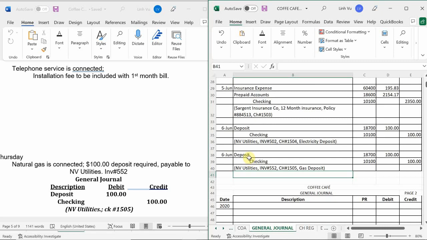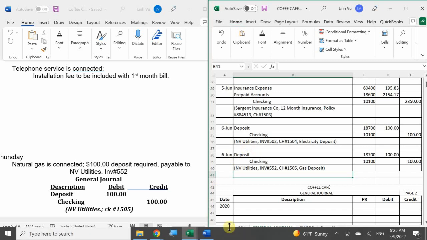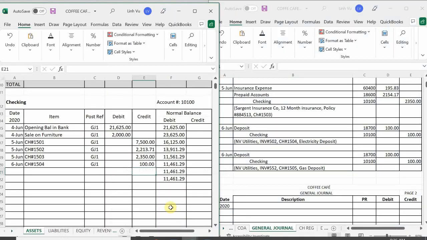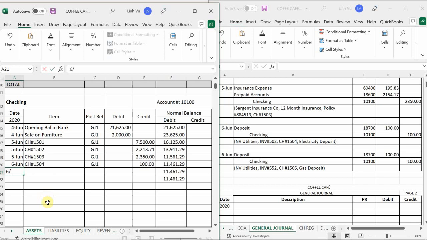So let's go ahead and update our ledger and our subsidiary ledger so we can move on to the next page. So once again, we're going to go to my ledger account. We'll go ahead and do it for this first time here.